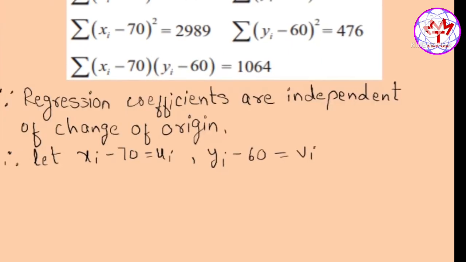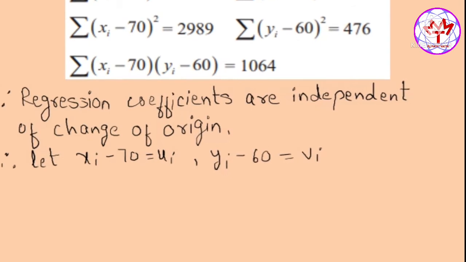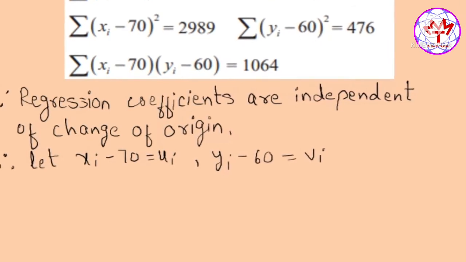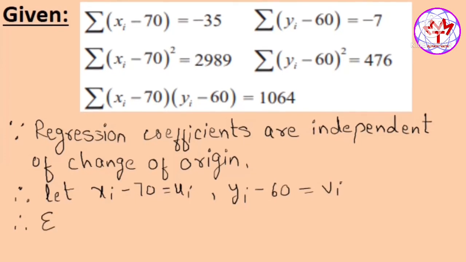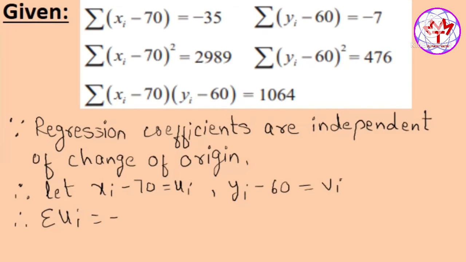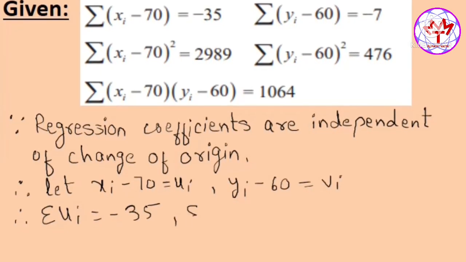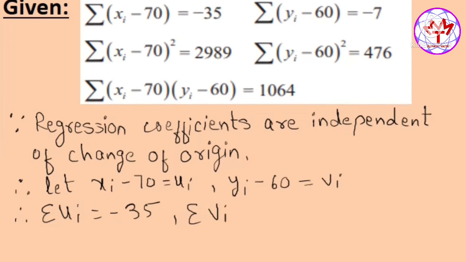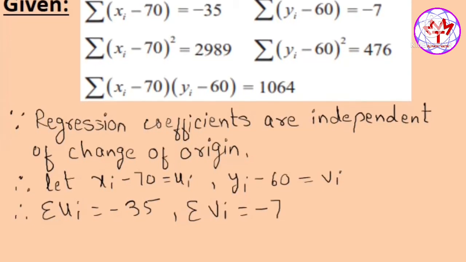Therefore, we can let xi minus 70 is equal to ui and yi minus 60 is equal to vi. Therefore, from the given information, we get summation ui is equal to minus 35. Then summation vi is equal to minus 7.